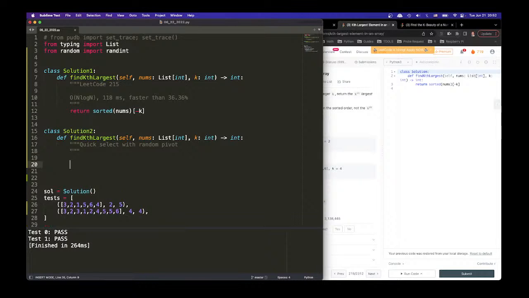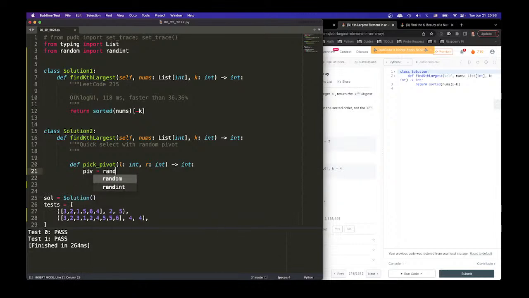So we're going to say pick pivot, right? And we have the left and the right, and now return an integer. All right. We say pivot equals rand int L to R, okay?